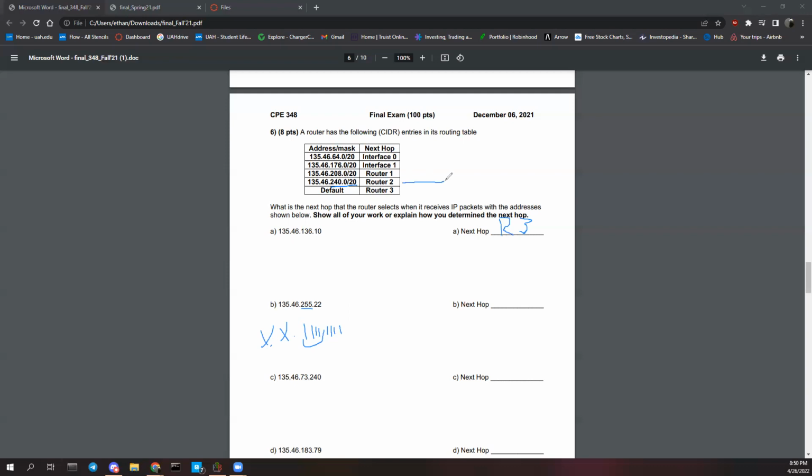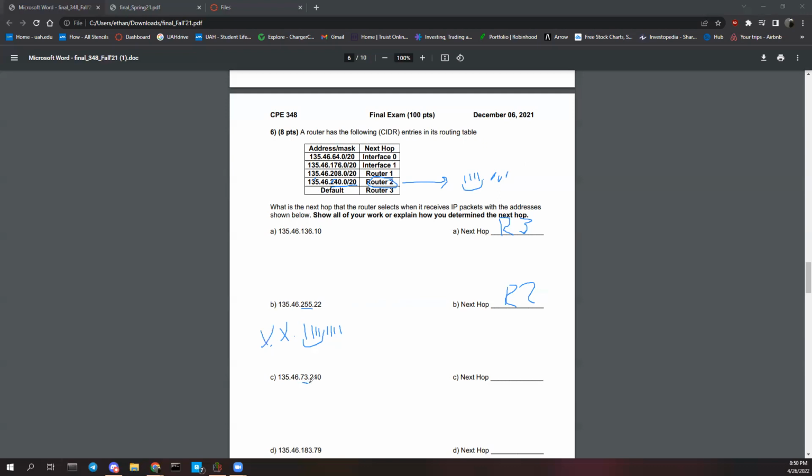Now over here, router 2, that's the same, 240. What's 240? 240 starts out being 1111.0000. So they're the same. Therefore, we do get to go to router 2 because these numbers agree. It's within range on the other side, so you're good.